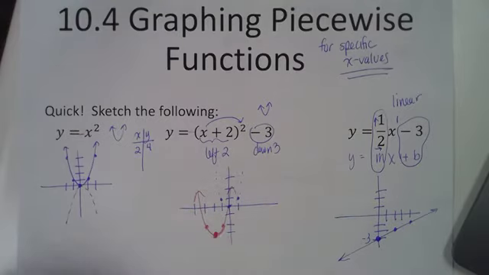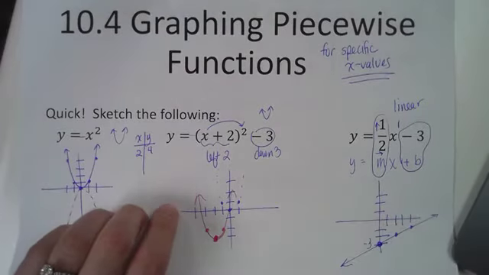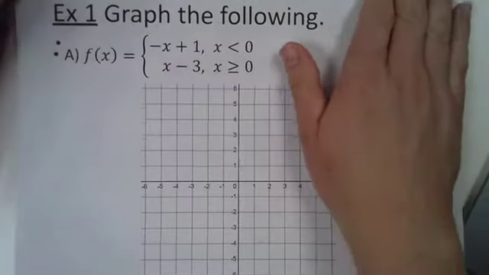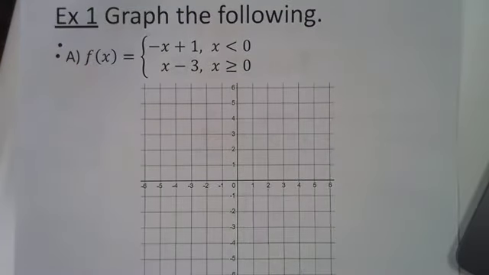All right, I'm going to show you how to do that. It's my favorite technique for graphing piecewise functions. You're going to want a pencil and you're going to want to write very lightly until we're done. Example 1, graph the following.